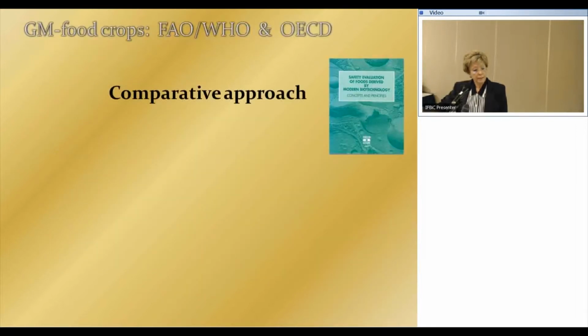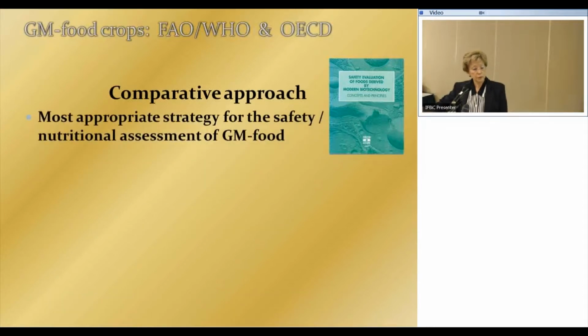Now we get to the GMO crops, and there the OECD and other international organizations, the FAO and WHO, have developed the comparative approach, which is, according to OECD, the most appropriate strategy for the safety and nutritional assessment of GM food.